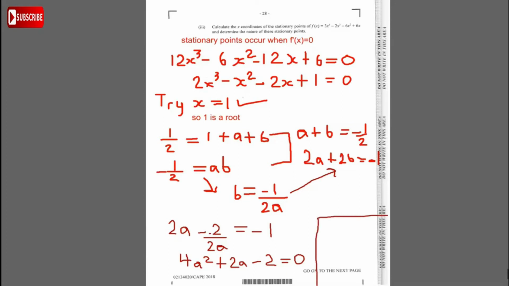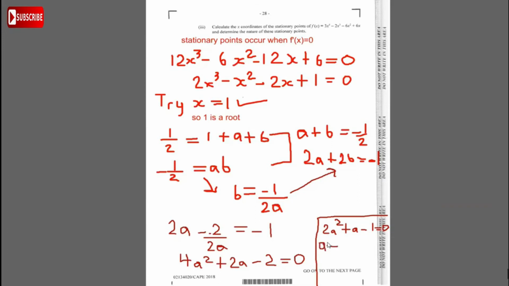I can then divide through by 2 to get 2a squared plus a minus 1 is equal to 0. Now I can factorize, or if you can't be bothered to factorize, just use the quadratic formula.